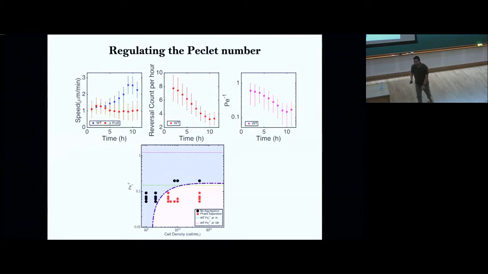And it turns out that the Peclet number, when we start this starvation process, is indeed in a region corresponding to a region in phase space where you don't expect these phase separation dynamics spontaneously, right? So the bacteria are indeed actively avoiding this spontaneous aggregation that's driven by simple physics.